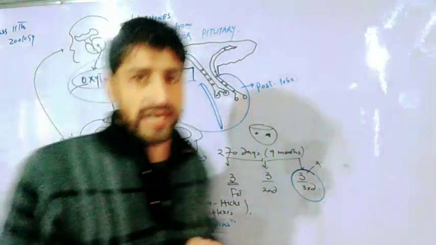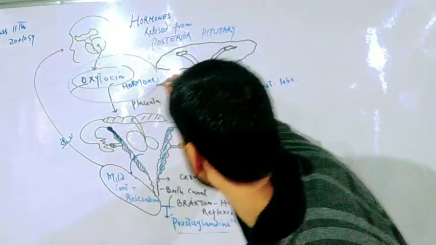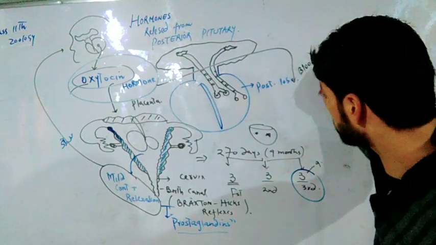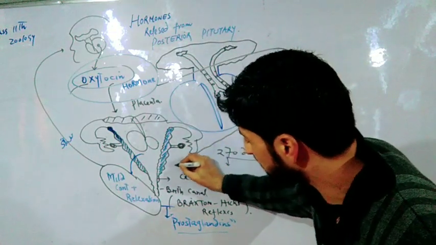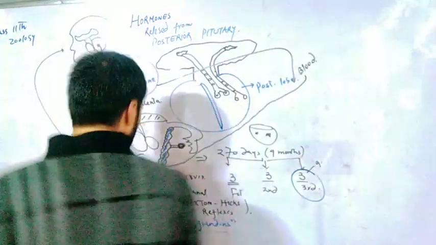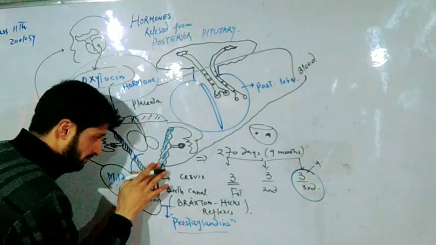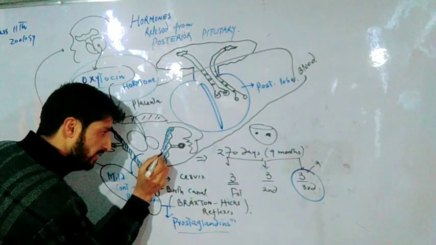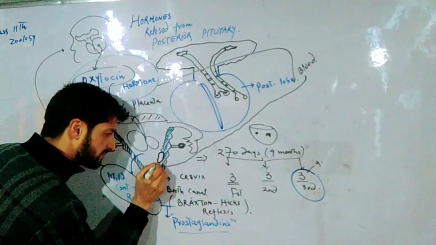When the oxytocin hormone is released, it is discharged into the blood. When it is discharged into the blood, the blood takes the oxytocin hormone up to the wall of the uterus. This is the wall of the uterus. In the wall of the uterus, there are very special cells, muscle cells.